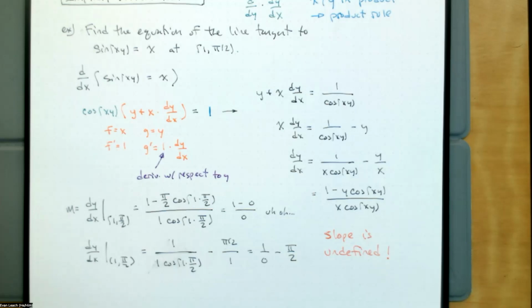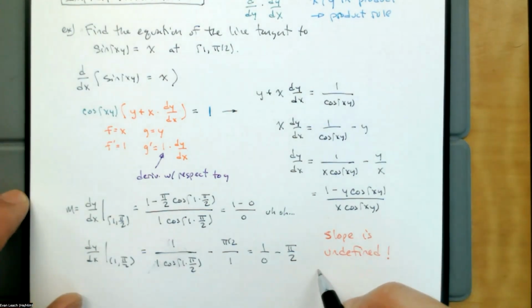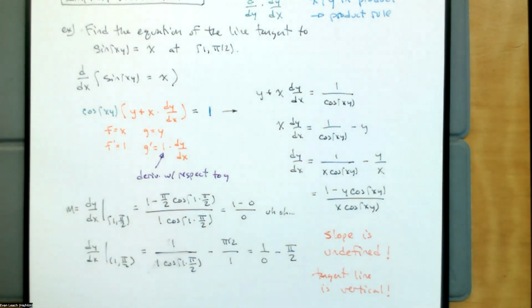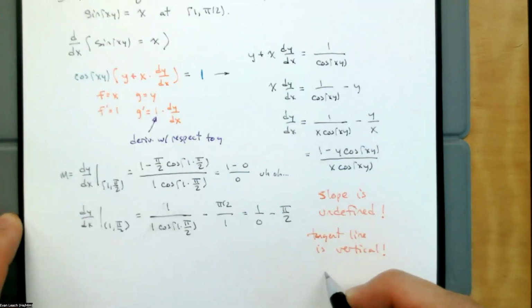Y changes when x doesn't move at all. What kind of line are we dealing with? So in this case, the tangent line is vertical, because a line with an undefined slope is a vertical line. A vertical line has an equation x equals, all that matters is the x. So our tangent line is just x equals 1.